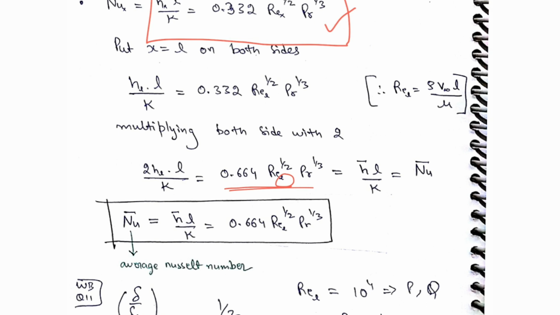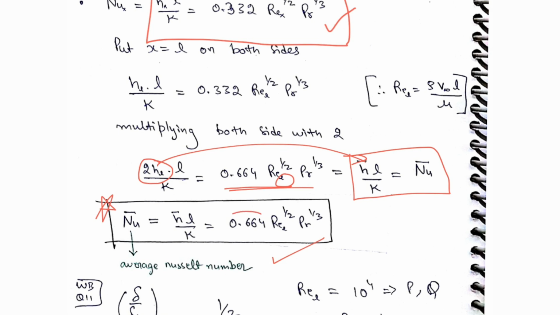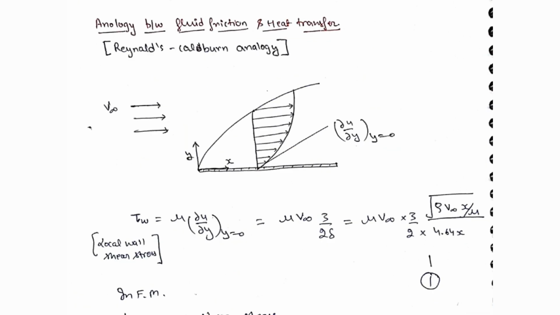From here we know that 2 times hL is nothing but h bar. So h bar into L by k is nothing but the average Nusselt number. Again, you have to remember this: just multiply by 2 here and convert Re_x into Re_L. That's it.